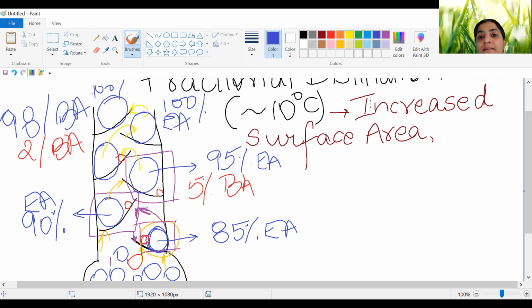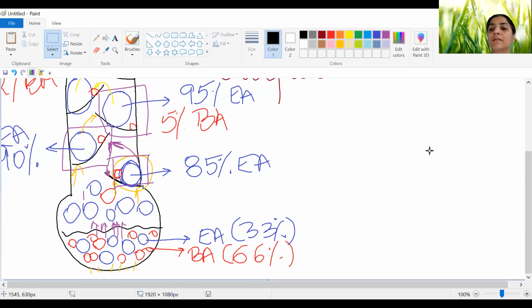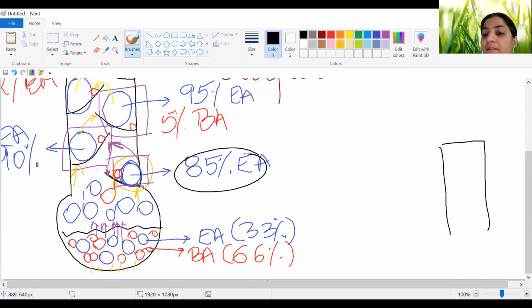So what have we done in this part? You had your mixture, you heated it, you cooled it, and then you observed that this is a particular composition that I've had.